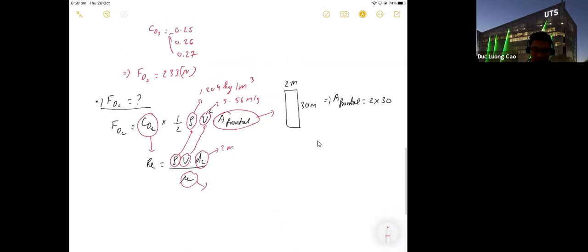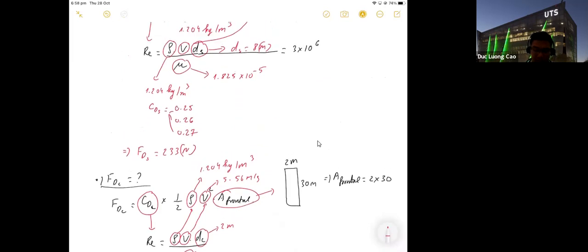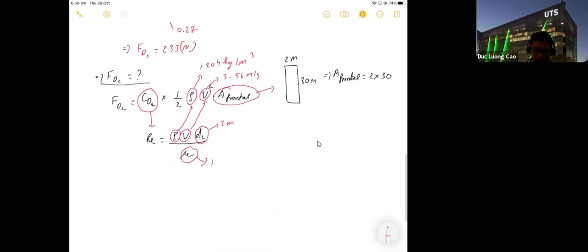Viscosity, you got here 1.825 times 10 minus 5. So from here you have the Reynolds number. The Reynolds number of the cylinder is 7.3 times 10 power 5.